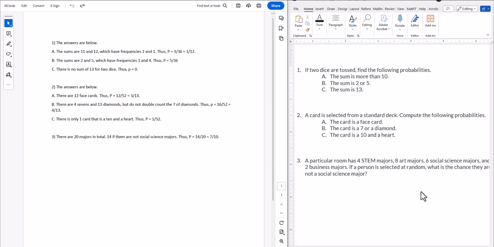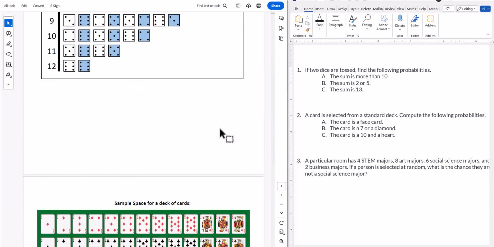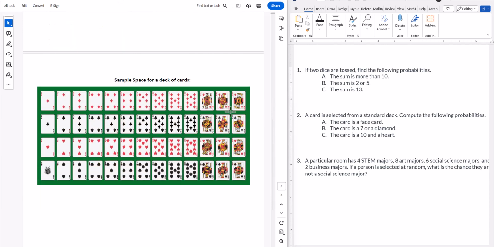The second problem involves a standard deck of cards, and we're selecting one card from the deck. Part A is asking that the card is a face card. So let's take a look at the deck of cards. Keep in mind that there are 52 standard cards. That's the sample space size.